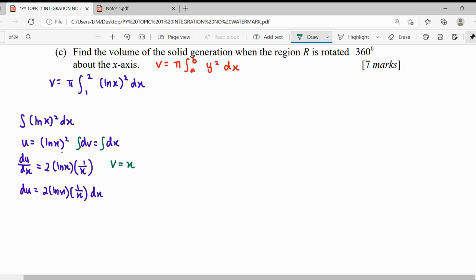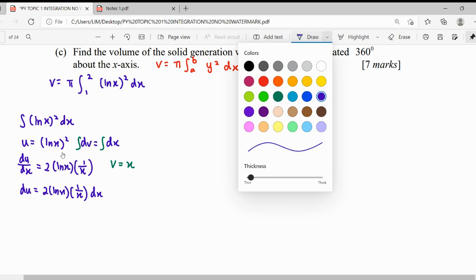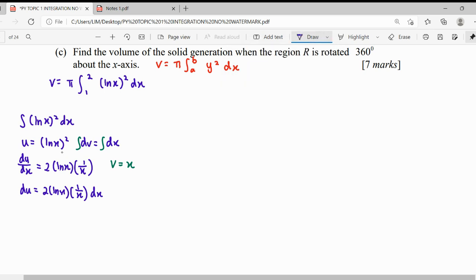Then we put into our integration by part formula. So integrate ln x squared dx will be uv, so it will be x ln x squared minus integrate v du. So this is our du, so it will time with 2 ln x 1 over x dx.